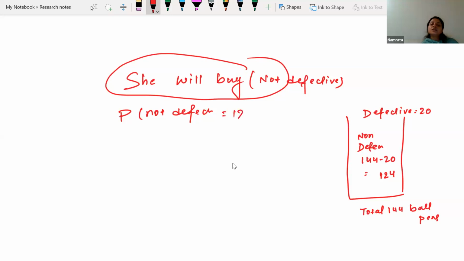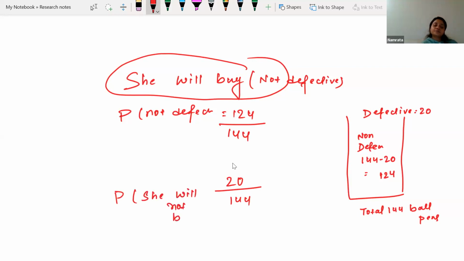This will be the probability that she will buy the pen. And for the probability she will not buy it, the remaining defective pens will come out; that is the case when she will not buy the pen. Probability that she will not buy. This is how we will be finding the probability.